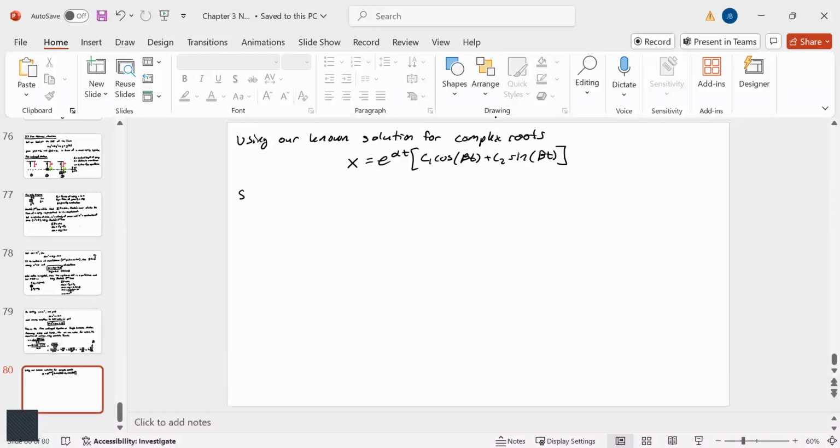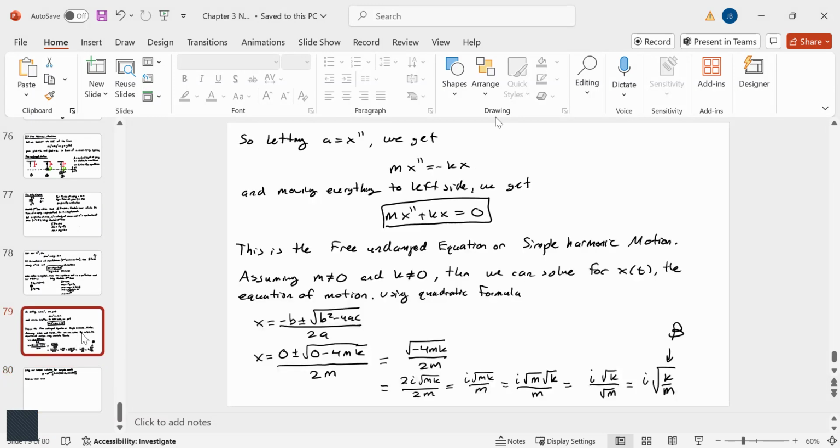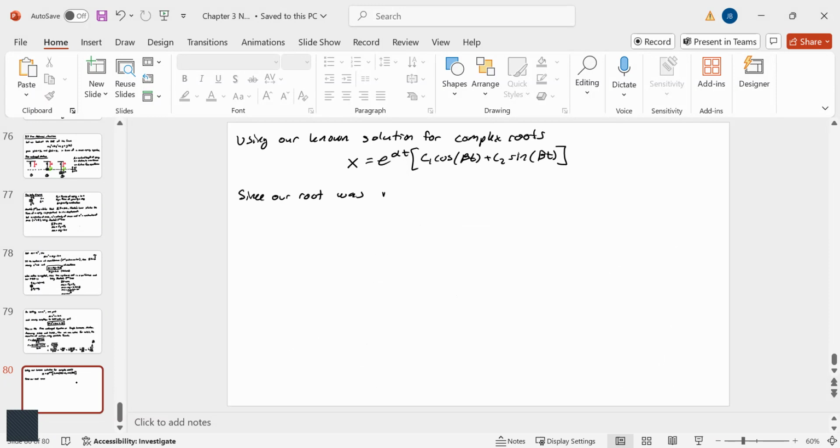So since our root was, and let me go back here, I'm going to change this to r because our root is r. We like to call it r, right? So since our root was r equals i square root of k over m, this means that alpha is 0 and beta is equal to square root of k over m.